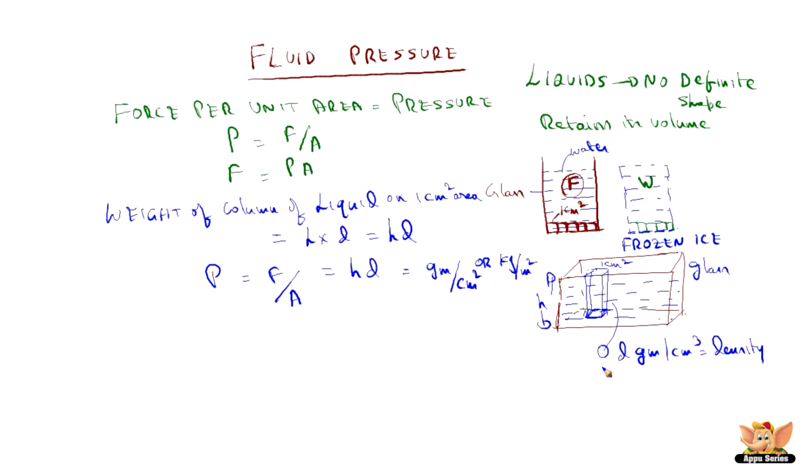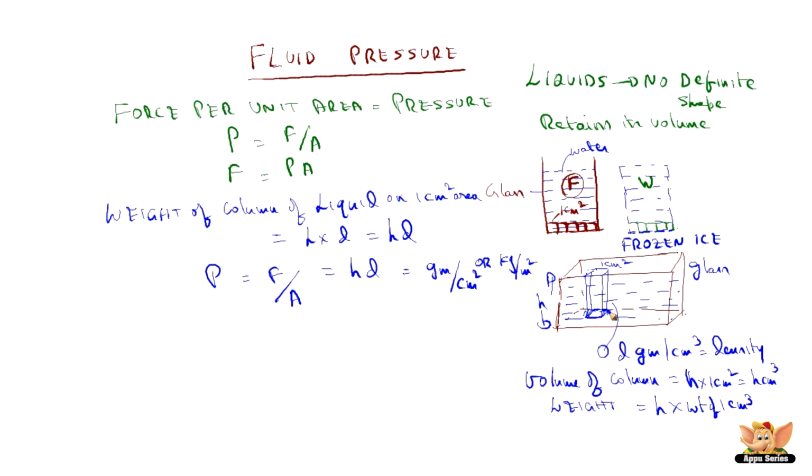How did we arrive at this? The volume of the column with 1 centimeter square base is h into 1 centimeter square, which is h centimeter cube. Now the weight of this column becomes h times the weight of 1 centimeter cube.